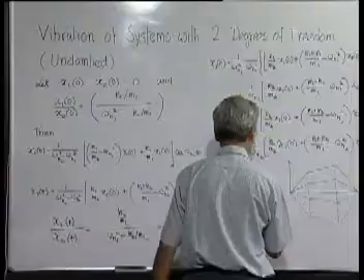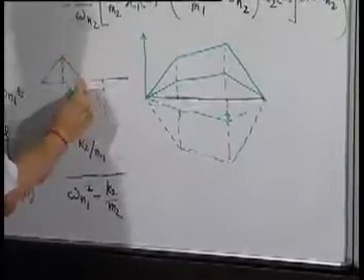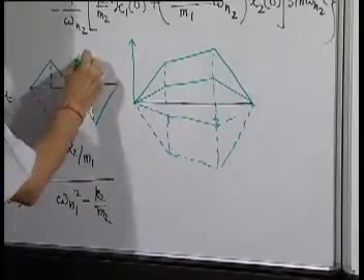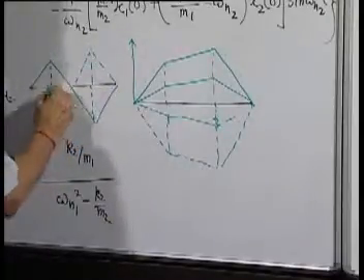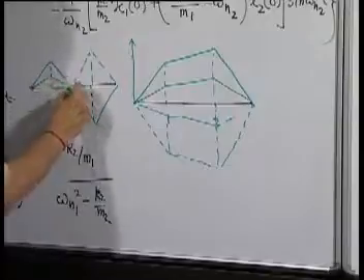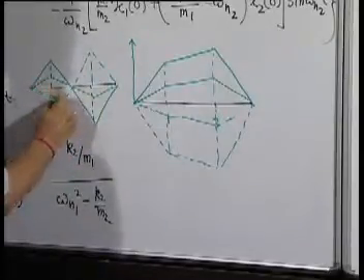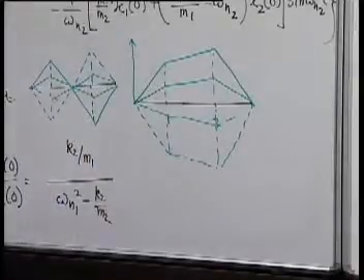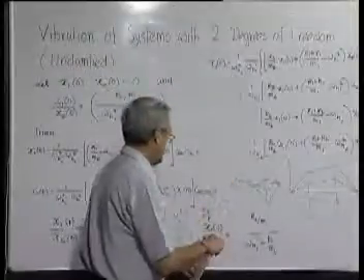I am not writing because these are long, but they will be very similar expressions where this will be cosine omega n2 t, cosine omega n2 t both. And that mode will be again something like this. So we will see that one goes in this direction, at the same time other goes in this direction.